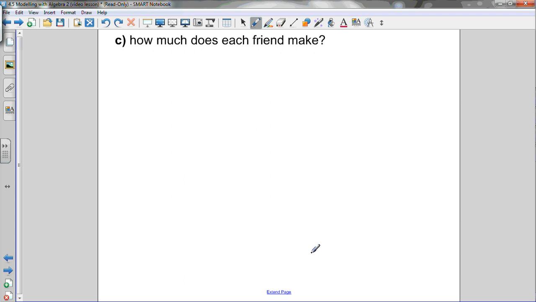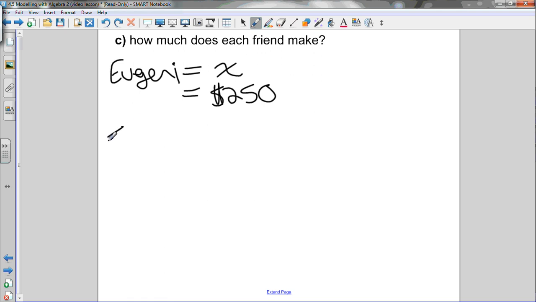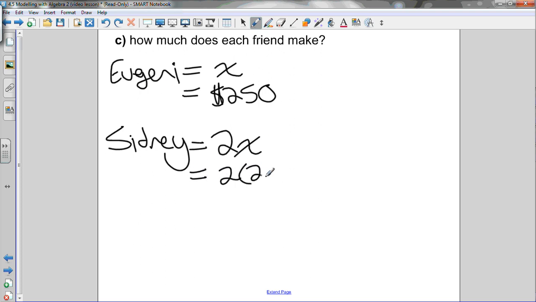Now that I know x equals 250, how much does each friend make? Well, I know Evgeny makes x amount of dollars, and I know x is 250, so he makes 250 bucks. Sydney makes 2 times what Evgeny makes, so 2 times x, which is 2 times 250, which is 500 bucks. And what do I make?